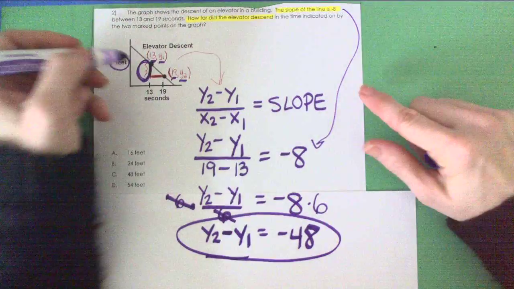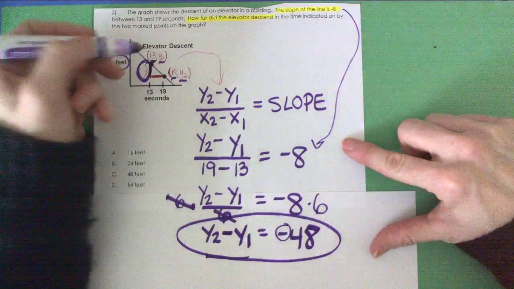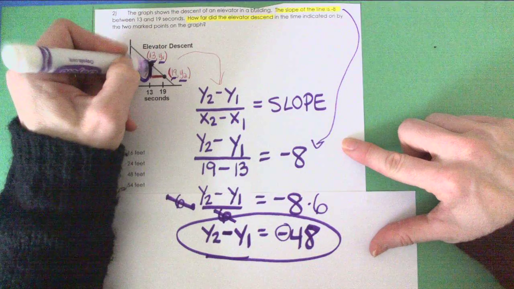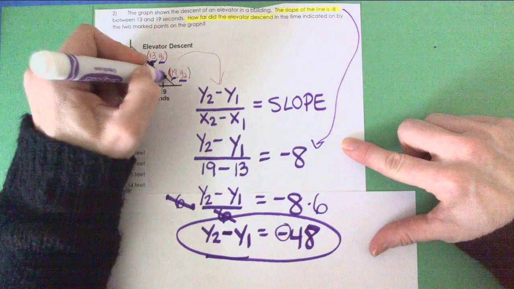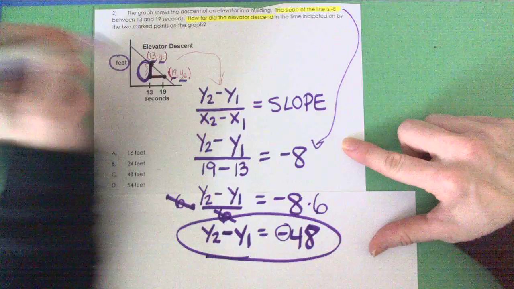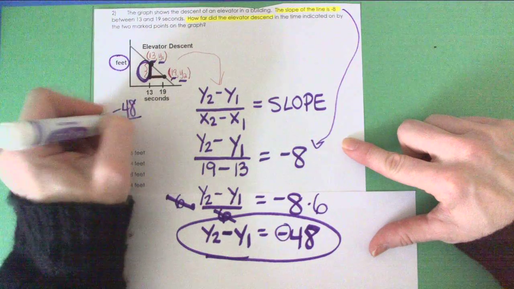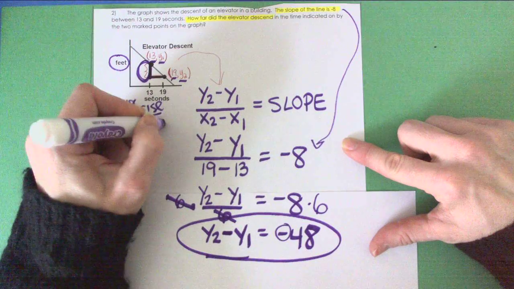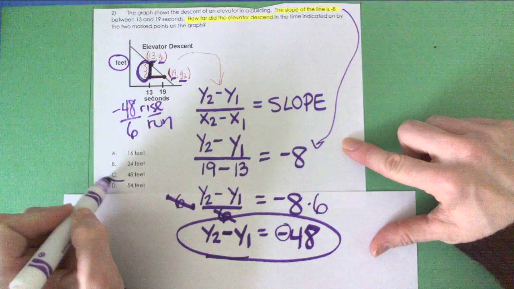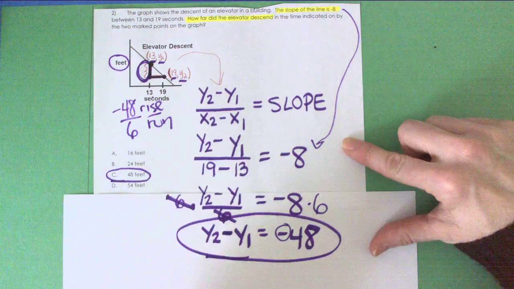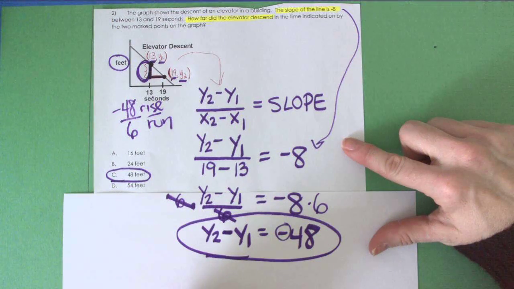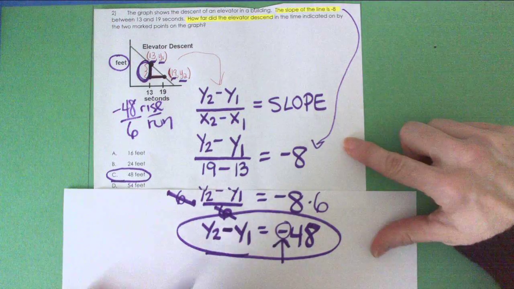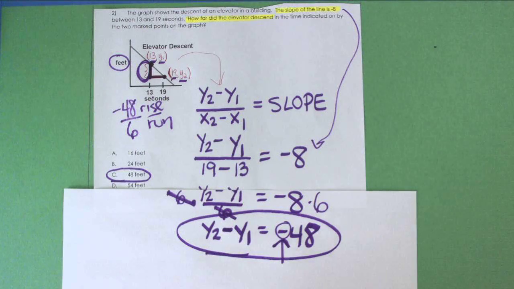So the negative just tells me I'm coming down 48 feet during this 6-second period. So down 48 feet over the 6-second period. It's like my rise and my run. So my answer for number 2 is 48 feet. That's how far the elevator descended during the 6-second interval.